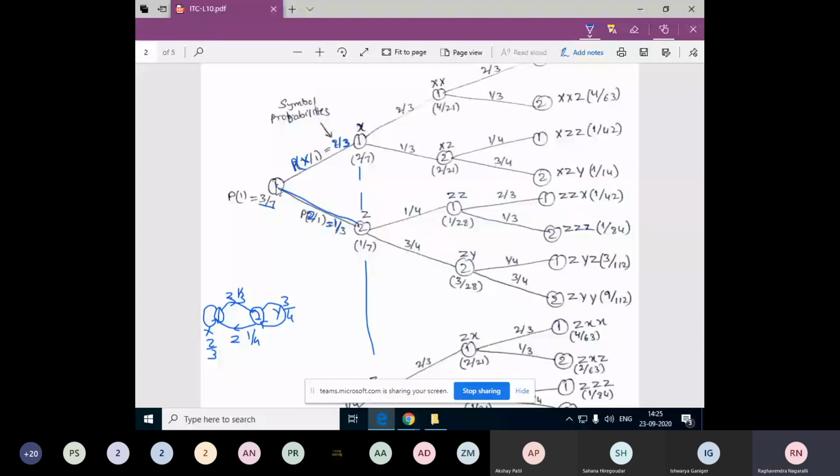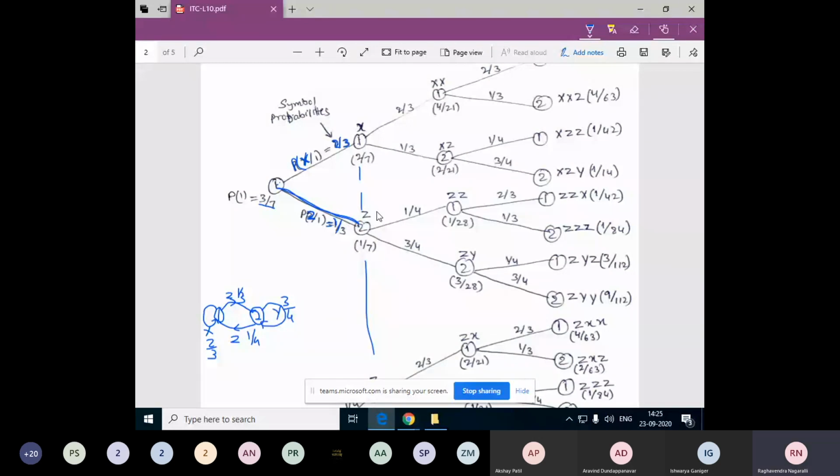From 1, by the transition from 1 to 1, one symbol is emitted by the source, that symbol is X, and the probability of emission is 2 by 3. From the same initial state 1, for the transition from 1 to 2, the symbol emitted is Z with probability 1 by 3.